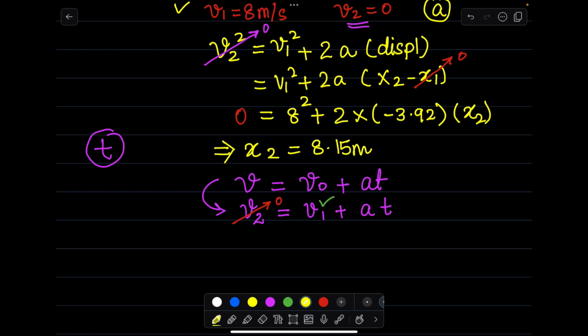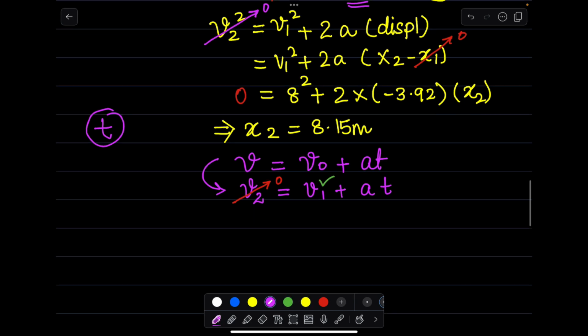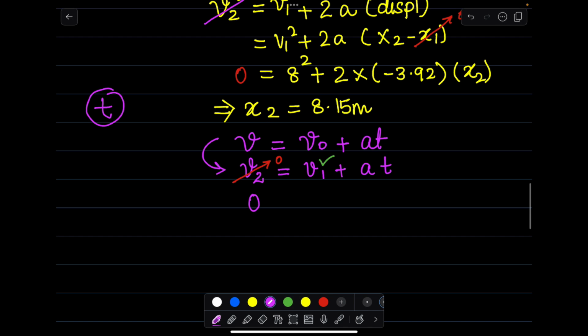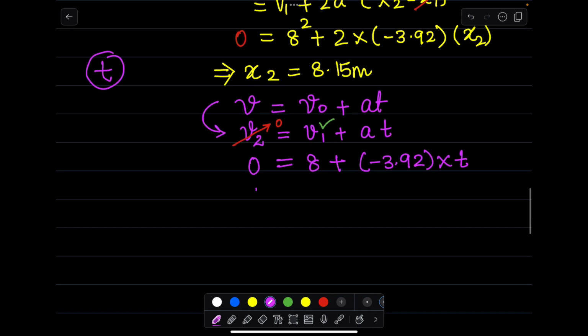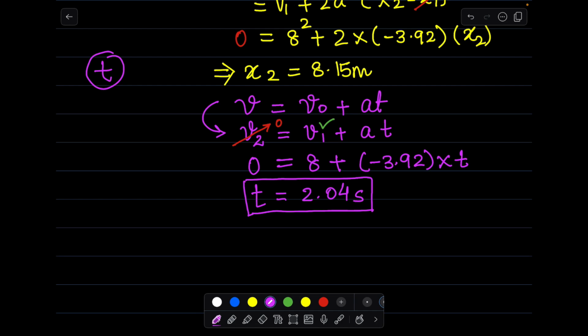So let's solve this formula. I will write v2 is 0, v1 is 8 meter per second, and acceleration is minus 3.92 meter per second square, and time t. So here from this equation we can calculate time. It is 2.04 second. It means after 2.04 seconds it will reach the x2 position, where the velocity will become 0, or the crate will stop there.